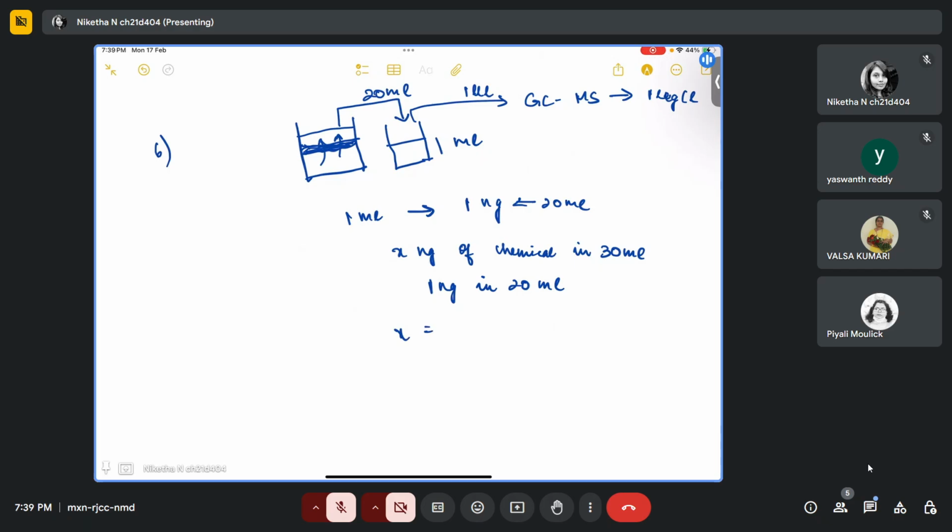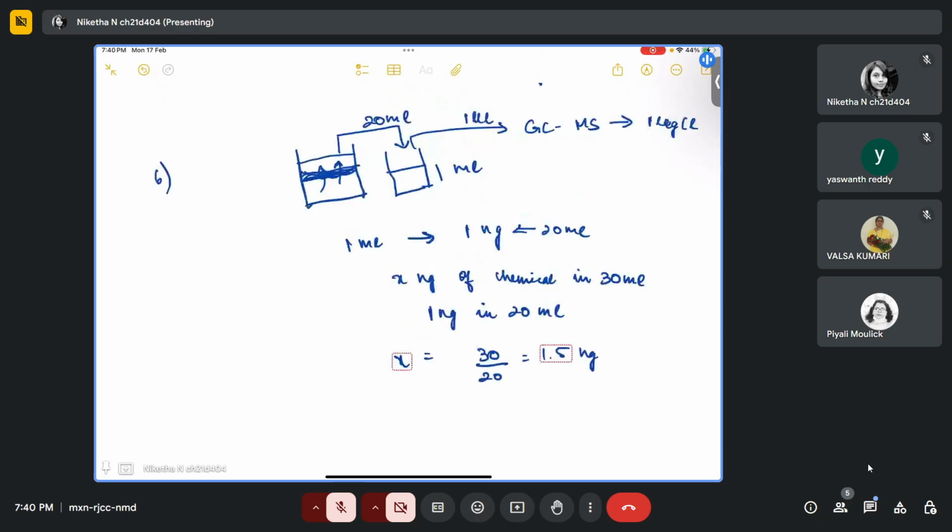So x will be equal to 30 by 20, and this is 1.5. So the mass of the chemical in 30 ml of the solvent is 1.5 nanograms.